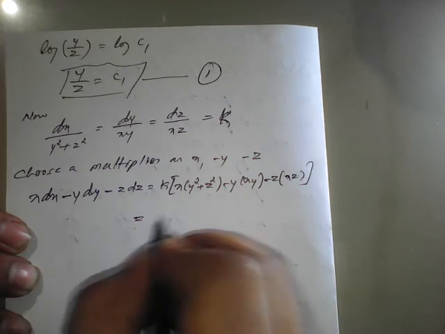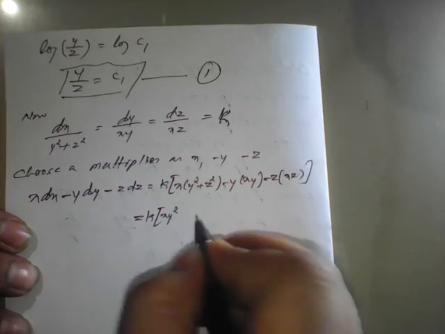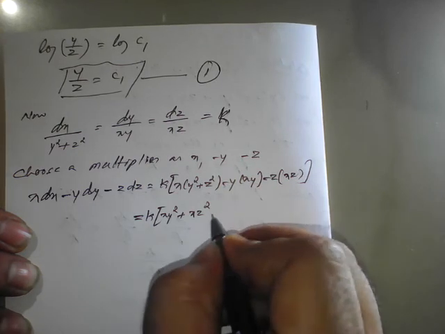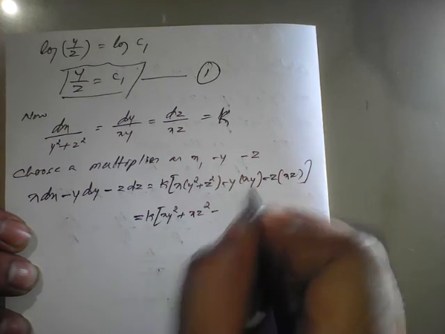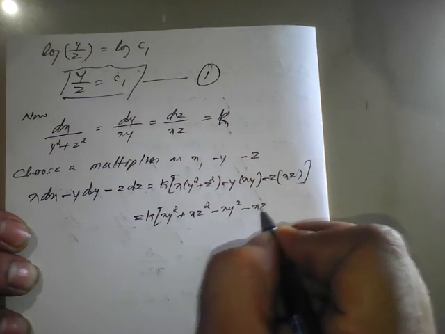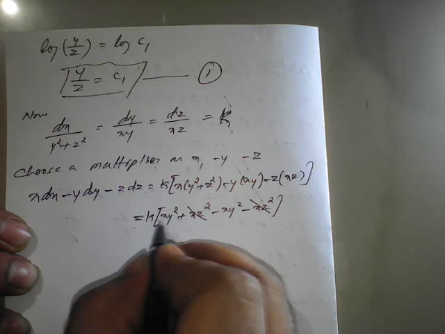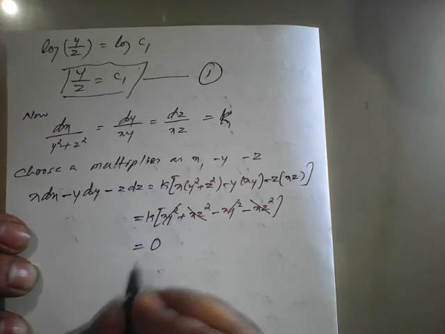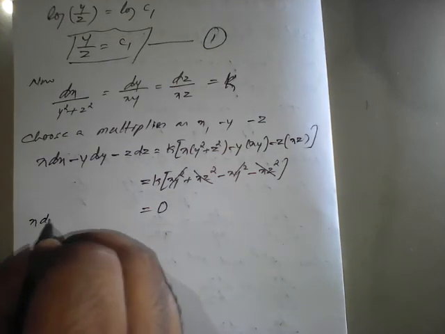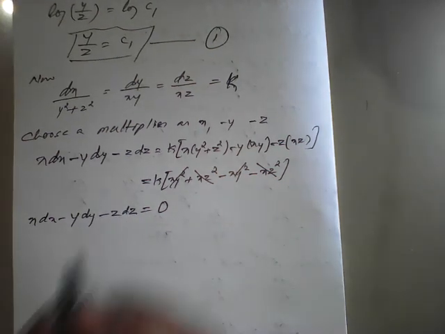So just check what happens here, k times, open the bracket, x into y square, plus into plus is plus, x into z square, then here minus x into y, that is xy square, minus x into z square. Now you check, so xz square cancels, xy square cancels, it is 0, because 0 into k is 0. So therefore what is left on the left hand side is x dx minus y dy minus z dz. So this is ready to integrate now.